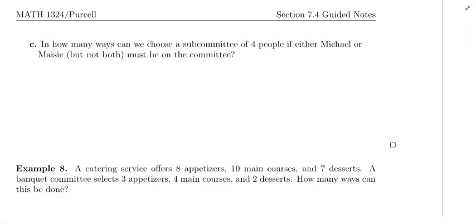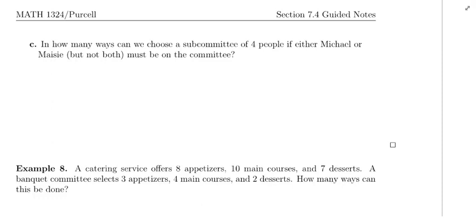This is a tricky one, so read it again and again to make sure you understand what this is asking. I'm going to read it again. In how many ways can we choose a subcommittee of 4 people if either Michael or Maisie, but not both, must be on the committee?